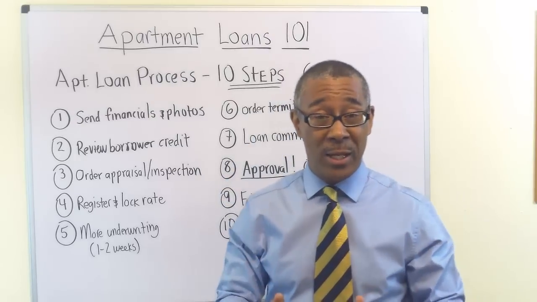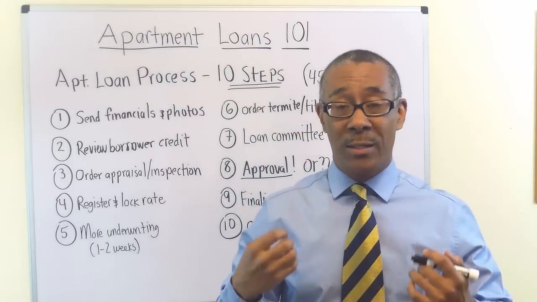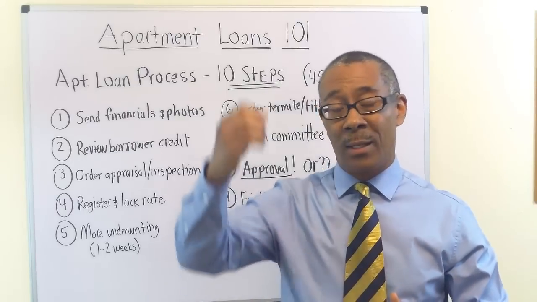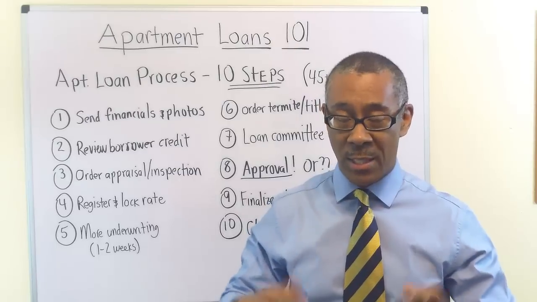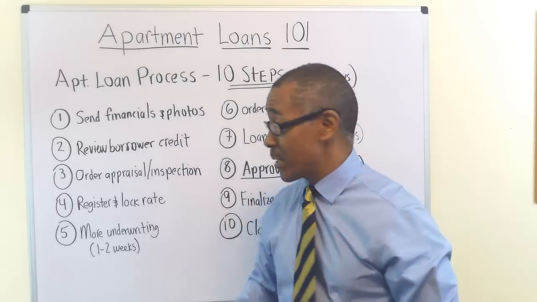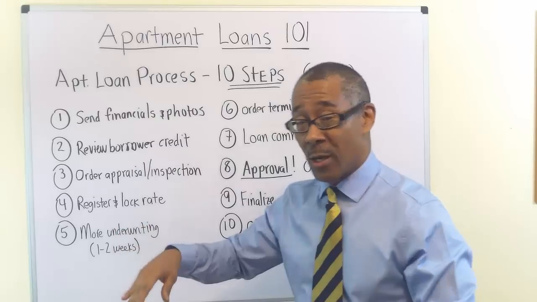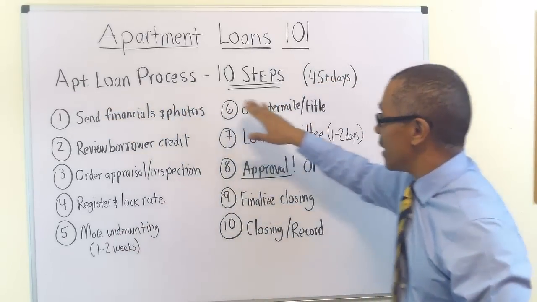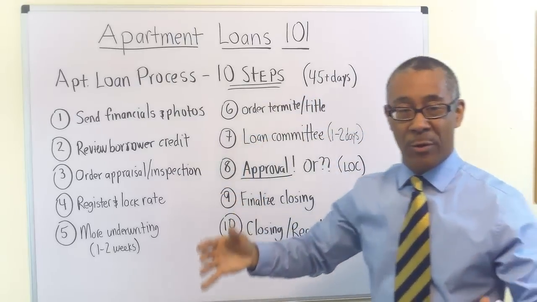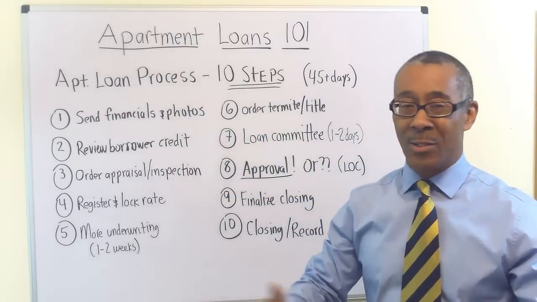All right. So same thing here. My goal here is to show you the process, the 10 steps from finding a property all the way to getting it closed, an entire loan process. All right. So let's get started. Before I start, I want to mention something: the apartment loan process, some lenders will say 30 to 45 days, and don't believe them.